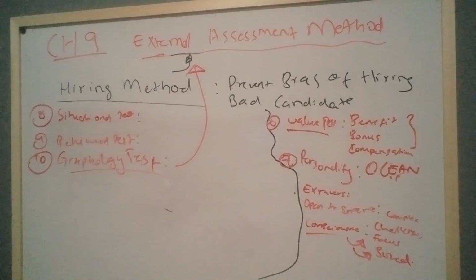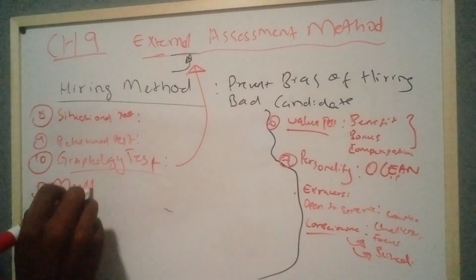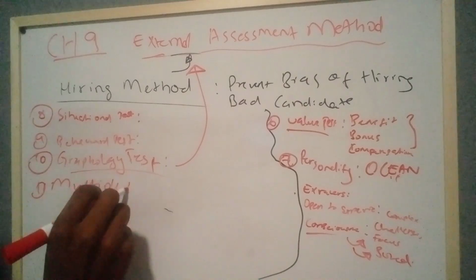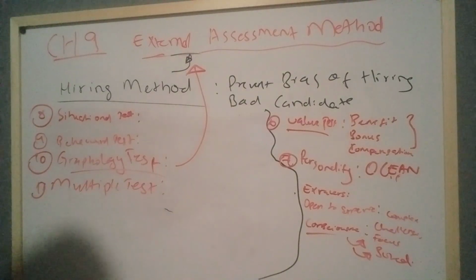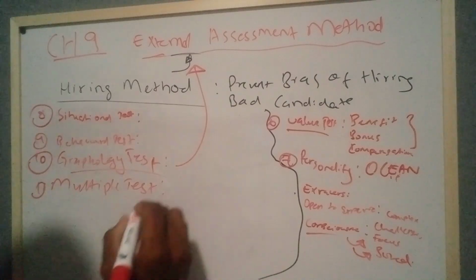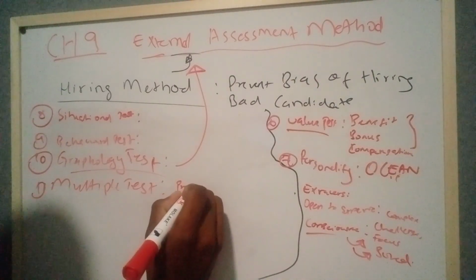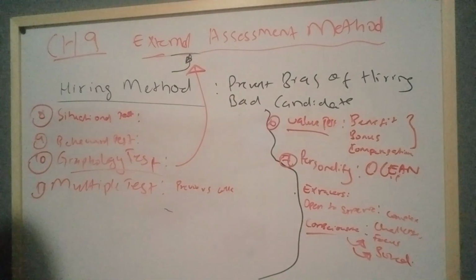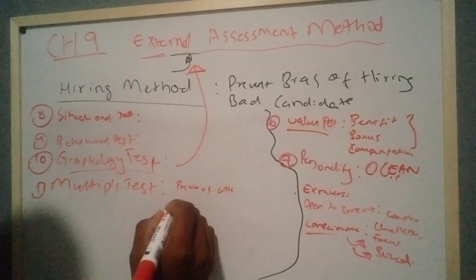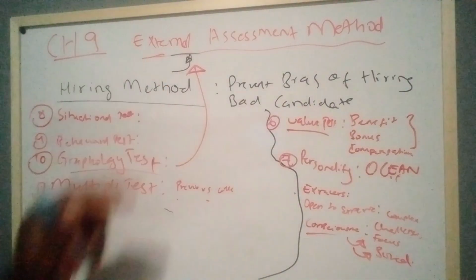So let us go to the multiple test. Here they say multiple test. They check your previous colleagues. They just call them in order to assess you. They check your previous supervisors externally.